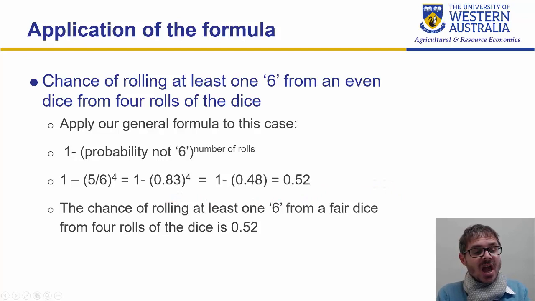So the chance of rolling at least 1 six from a fair dice from 4 rolls is 0.52. If you have 4 chances to roll a 6 and you need to roll at least 1 six, you've got a slightly better than 50% chance of doing that.